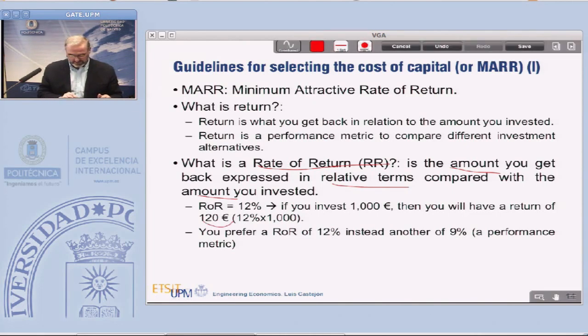This is 12% of 1,000. And of course, any of us will prefer a rate of return of 12% instead of another of 9%. So in that sense, this rate of return is a performance metric.